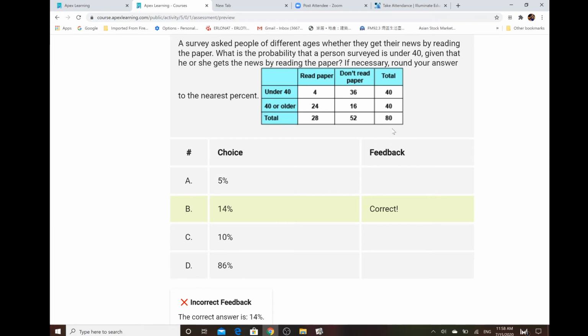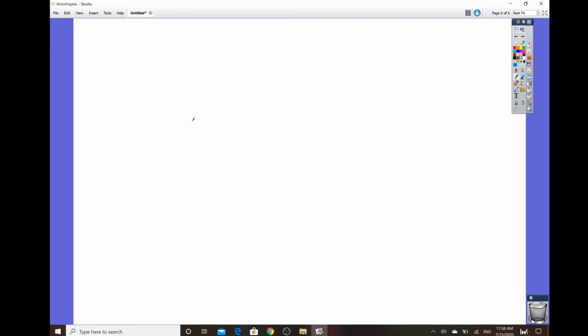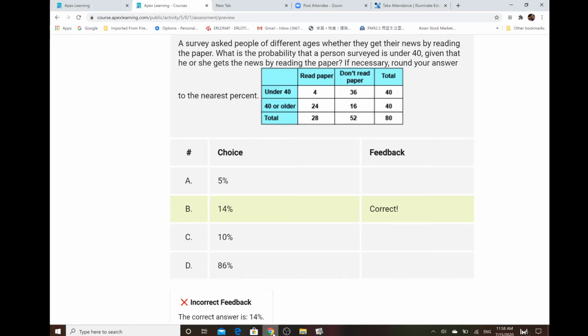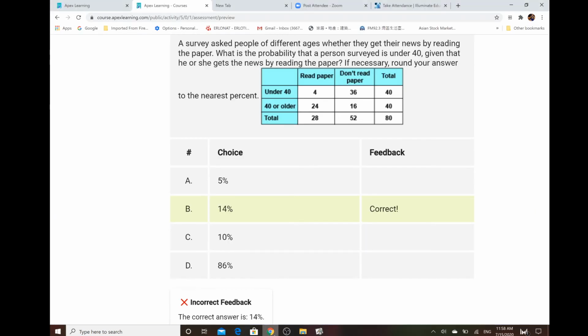If we try to do it the other way around, so we have 40 over 80 times 4 over 40, then this one would be 1 over 20. The 1 over 20 would give you 5%, which is not correct. But the answer is 14%.